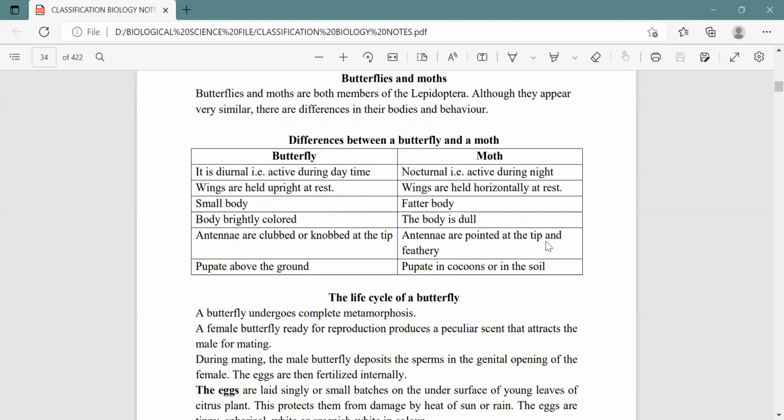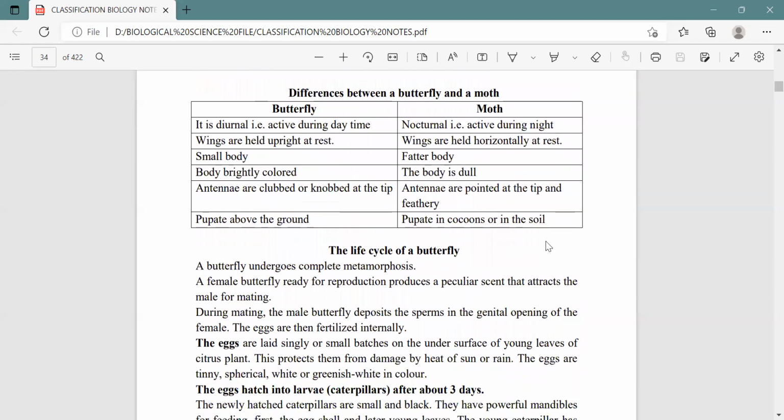I have given you one difference between a butterfly and a moth. One is diurnal, that is the butterfly, and another one is nocturnal. There are other differences which are given in that table. For example, in butterflies, the wings are held upright when at rest, while in a moth, the wings are held horizontally. The butterfly has a smaller body, the moth has a larger body.